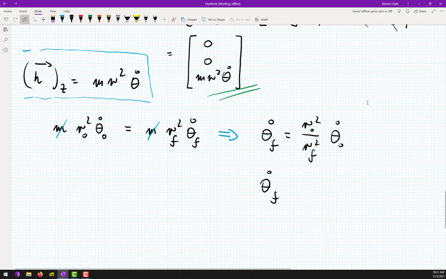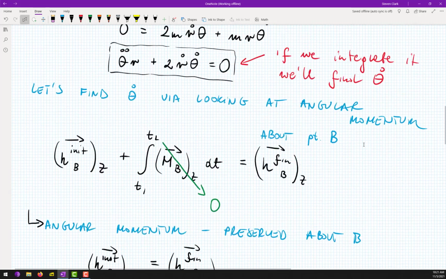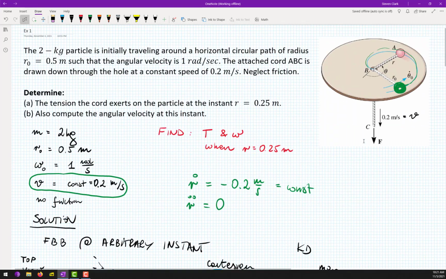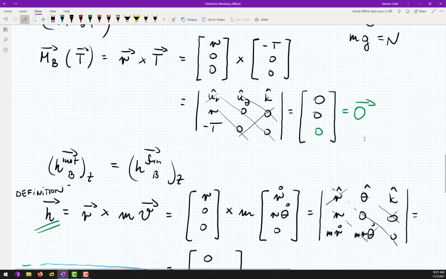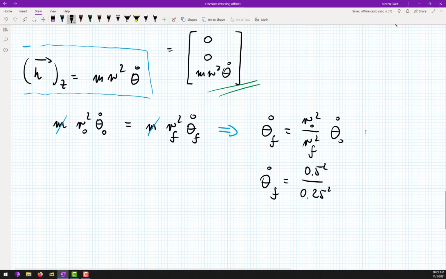Theta dot final is equal to, if I remember correctly, 0.5 squared over r final, they told us to find everything when r final is this value. And I forgot what is theta initial. Oh, 1, okay. Duh, okay. It's 1.